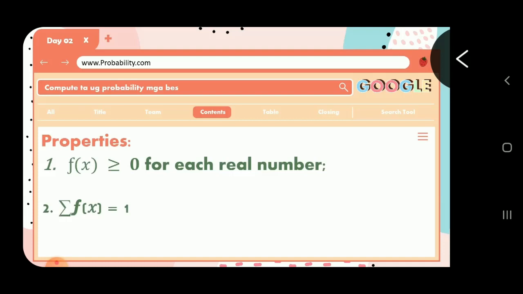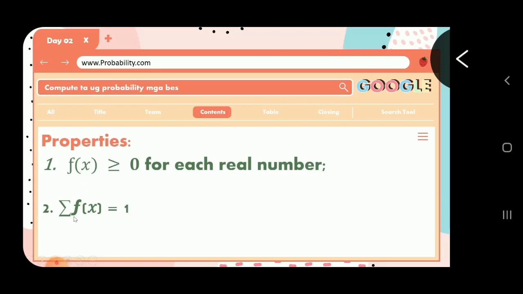Alright. Now, we have properties of probabilities here. The first property is f of x is greater than or equal to 0 for each real number. Your probability can be equal to 0, or it can be greater than 0. So your probability answer can go beyond 0.